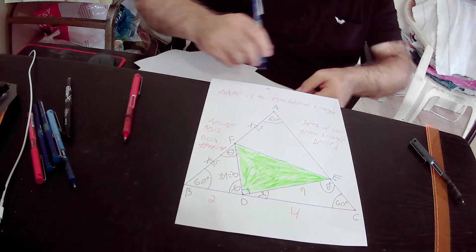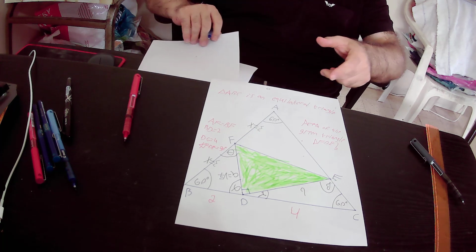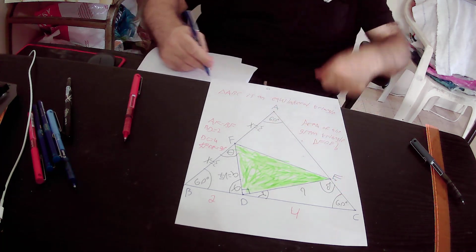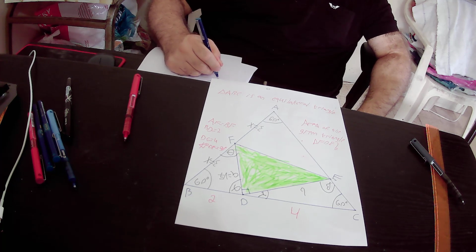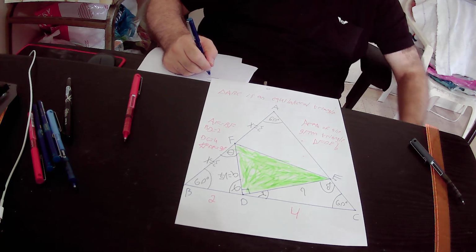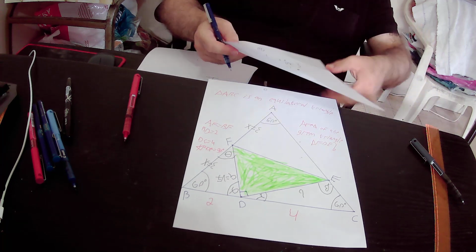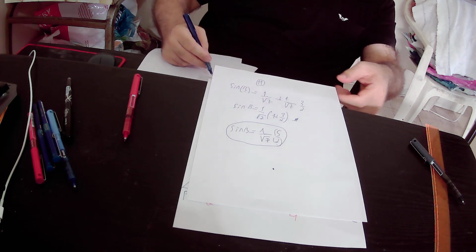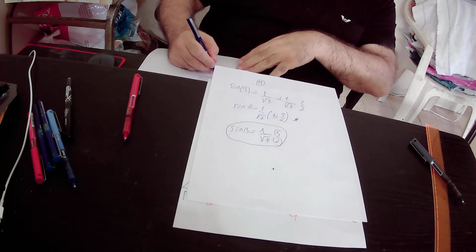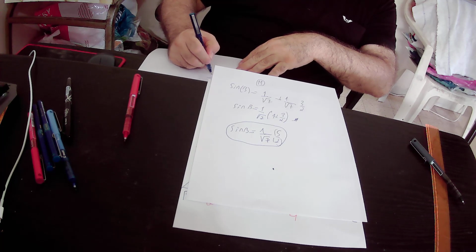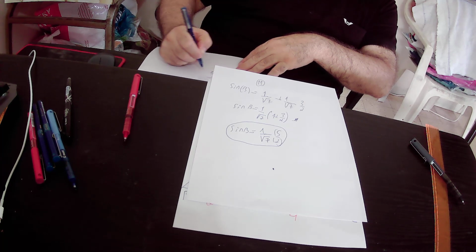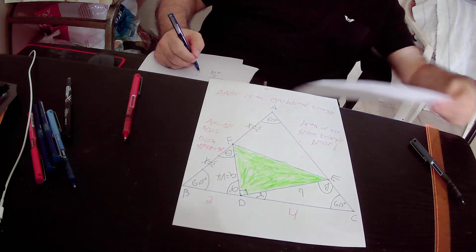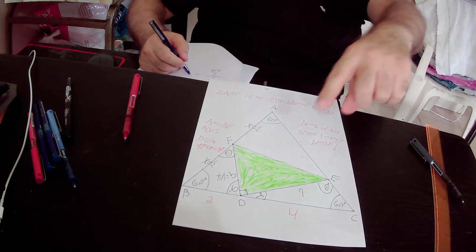Okay, so what is the value of DC? DC equals 4 units, and we have already found the value of sine beta, so I write it down. That is 5 over 2 times root 7, equals DE.